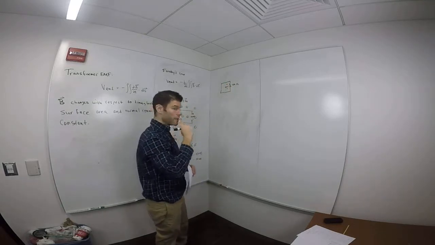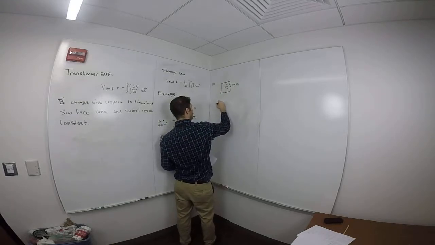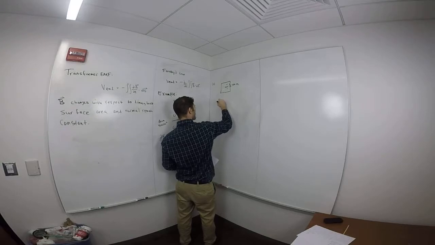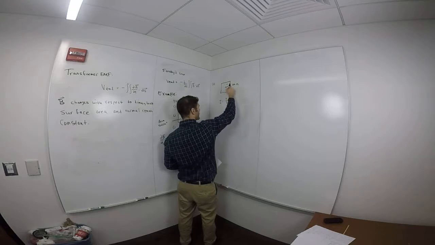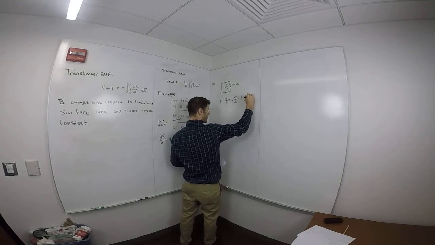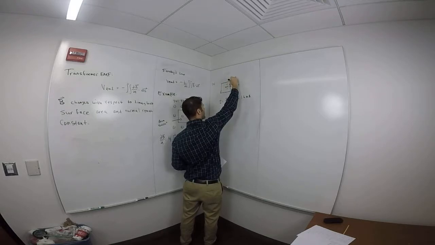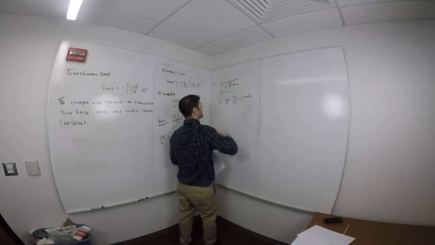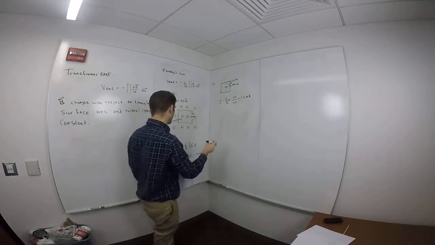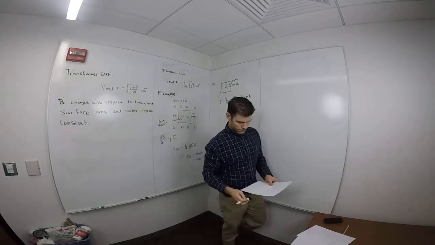Then we can simply use Ohm's law: I equals V divided by R, where V is the voltage drop across the resistor. So 0.160 divided by 100 gives you 1.6 milliamps. It would flow in the clockwise direction, producing flux that opposes the change of flux here. Good.